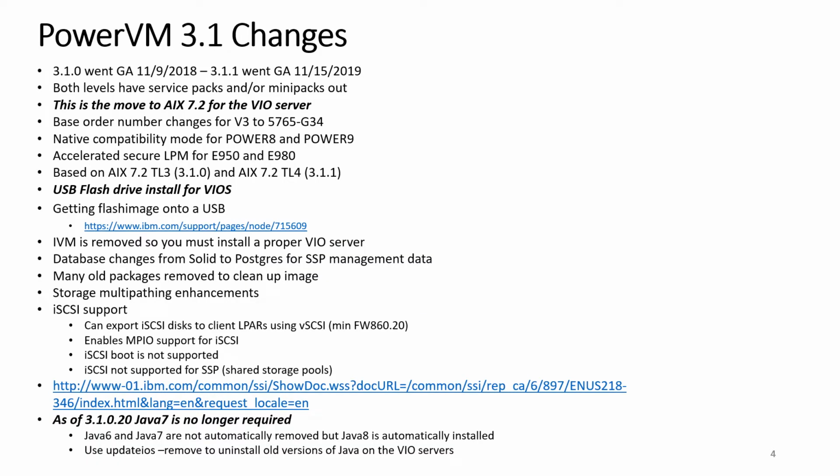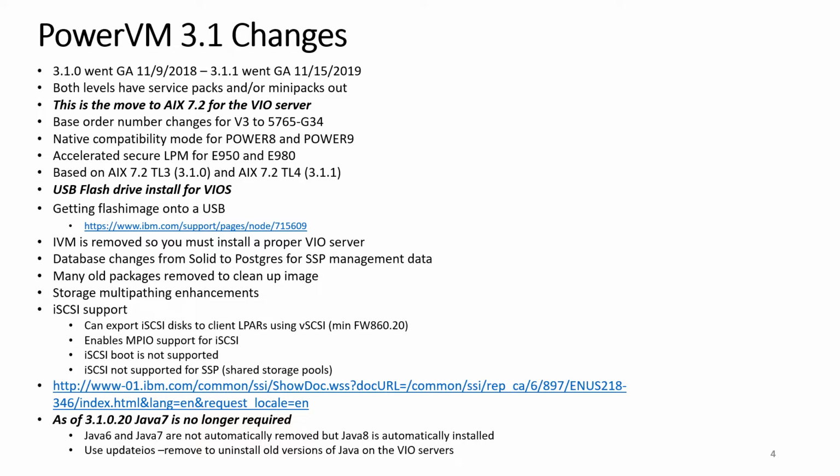There are a lot of changes that came in with PowerVM version 3.1, and it's been around since November 2018. There are lots of service packs and mini packs out today, and this is basically where the VIO server moved from AIX 6.1 to AIX 7.2. It provided native compatibility mode for Power 8 and Power 9 and above. It did some things with LPM.